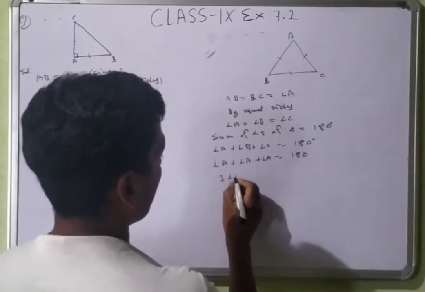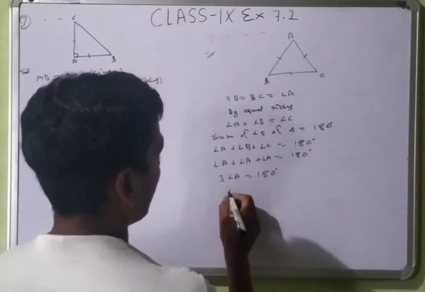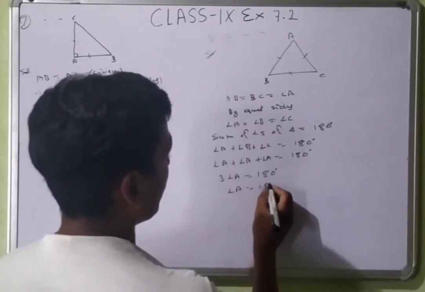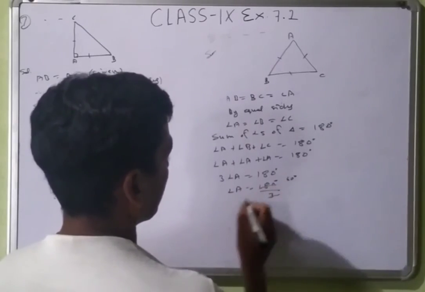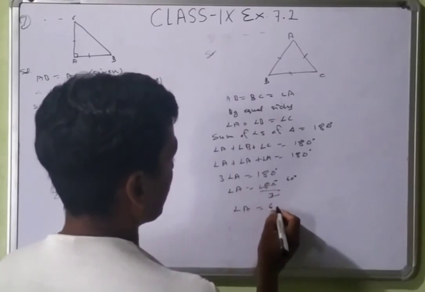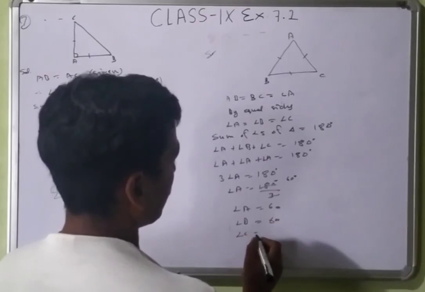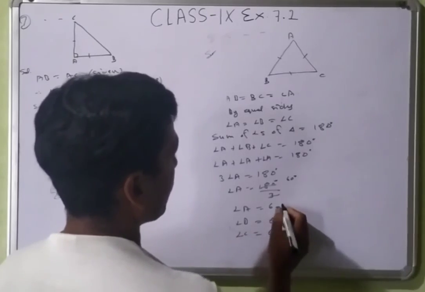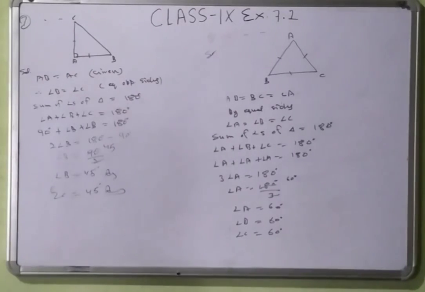So 3 angle A is equal to 180 degrees. That angle A is equal to 180 upon 3. So angle A is equal to 60, angle B is equal to 60, angle C is equal to 60 degrees. It means all three angles are equal and 60 degrees each.